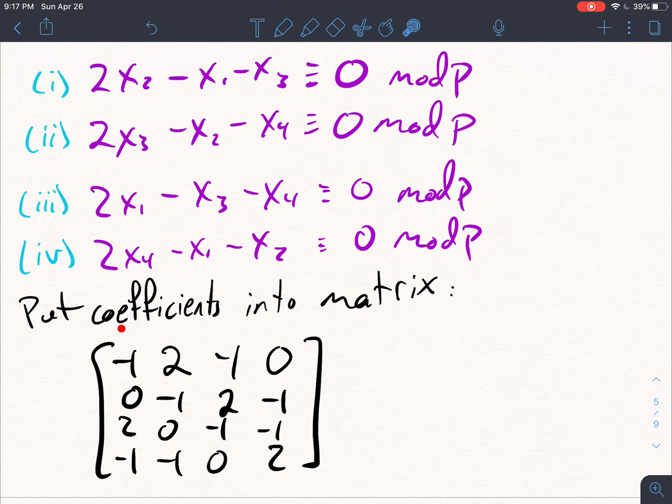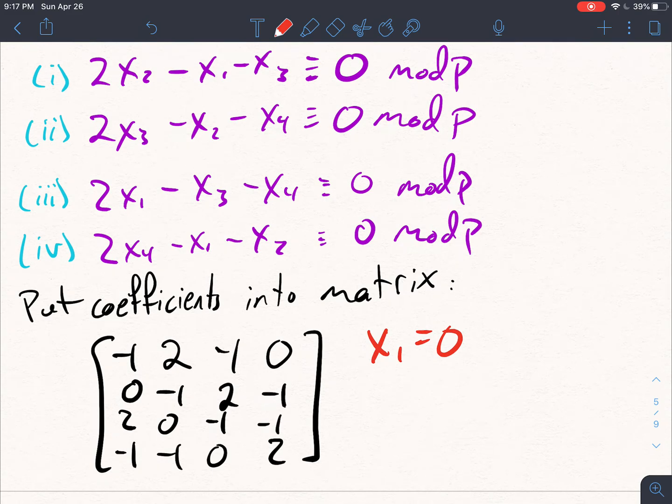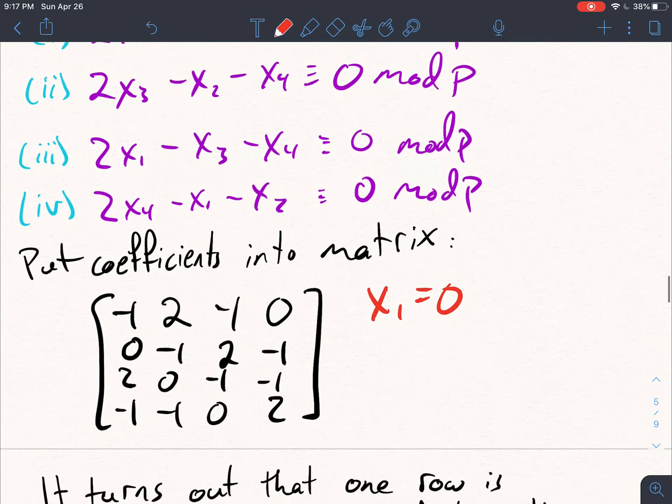Another thing that's relevant to this matrix, well, actually, before I say that, one thing that you could do to deal with that is just specify that x1 has to be 0, or you could do x2 has to be 0, or x3 has to be 0.